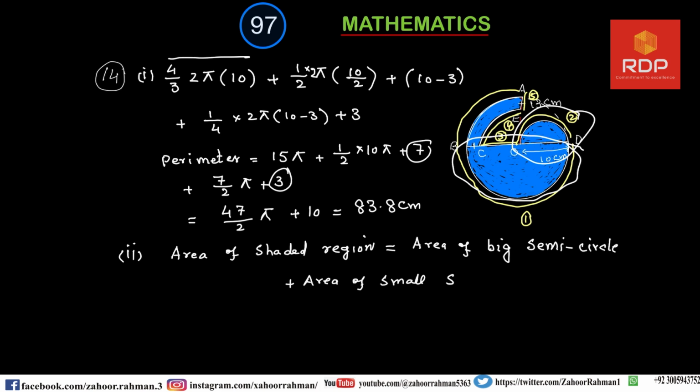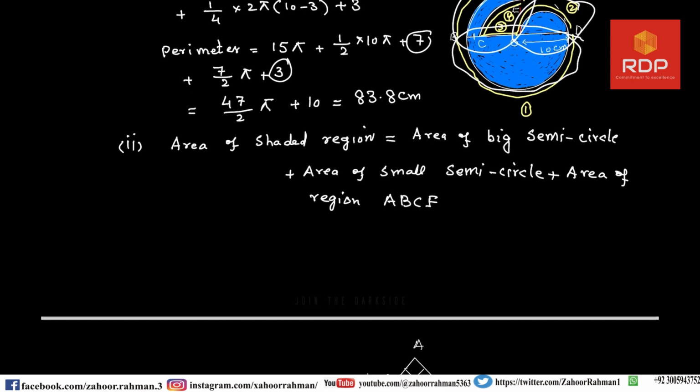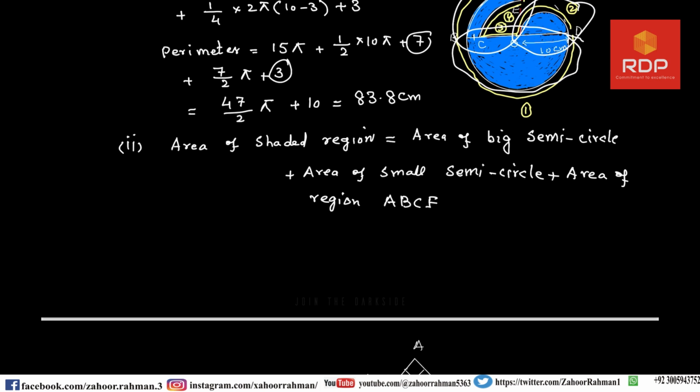Now the second one is this, and that is the area of small semicircle. So that is the second part, and now we have to turn to the third part, and that is the area of the region A, B, C and E, which is this part. So we divided those and we have to put the values inside this.